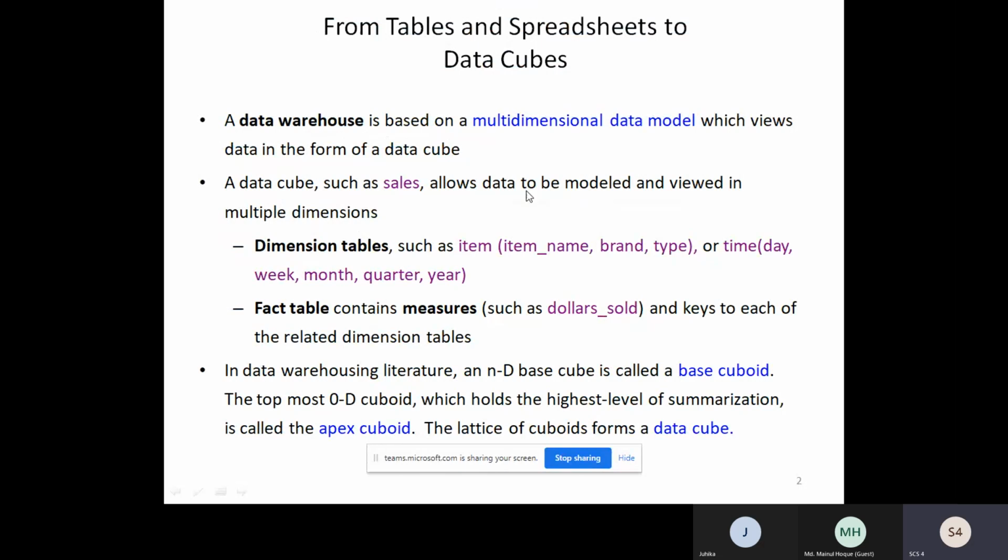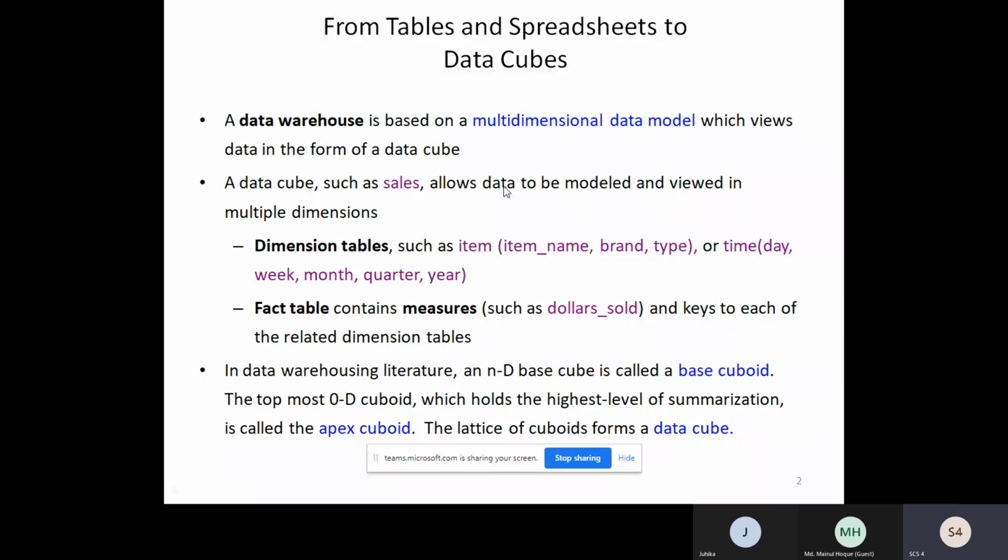I hope you all know what a general cube is. You know a square, but when we add one more dimension to it, that becomes a cube. So what is the difference between a square and a cube? Here we are adding one more dimension to it.